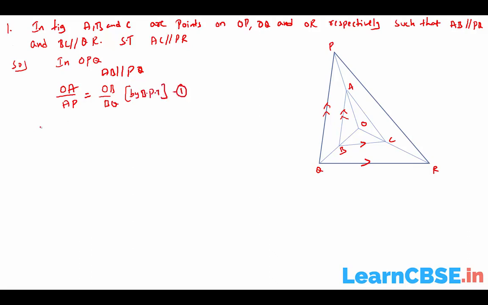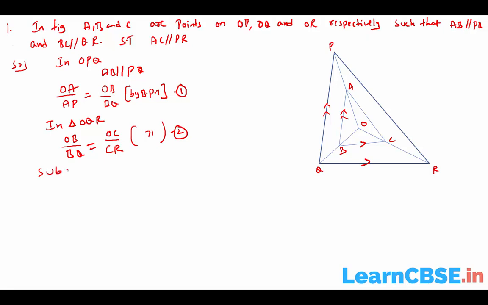Equation 1. Now in triangle OQR, OB by BQ equals OC by CR, same by BPT only. Equation 2.